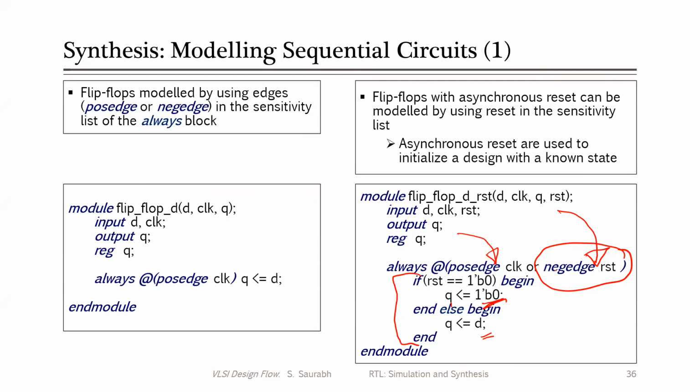If it is 0, you are assigning Q to 0, otherwise the value of D. So this is an asynchronous reset flip-flop.